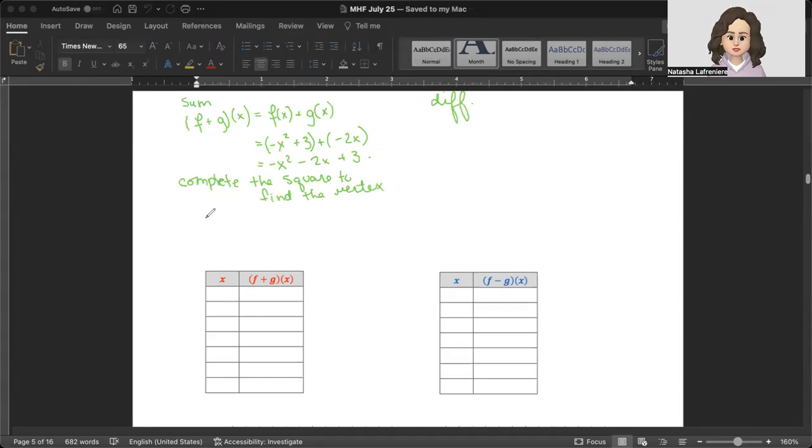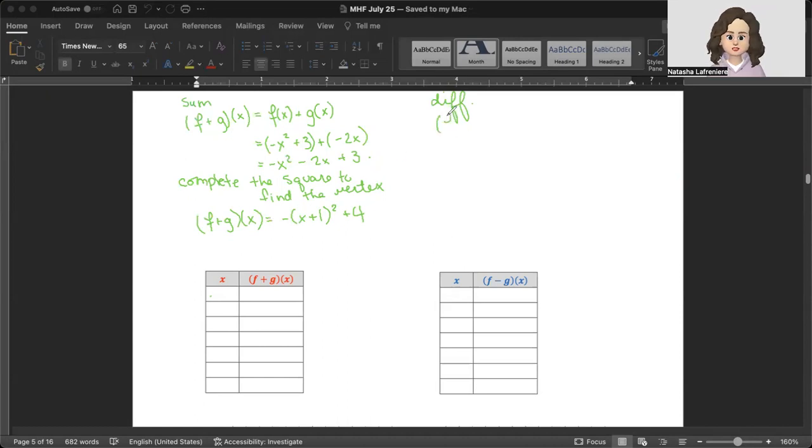If not, I do suggest that either you contact me or you go to Khan Academy or whatnot. So this is what it would be like if you complete the square. I am going to leave that there for now, and then we'll move towards the table and the graph.